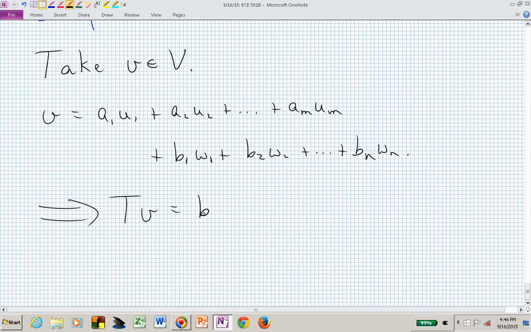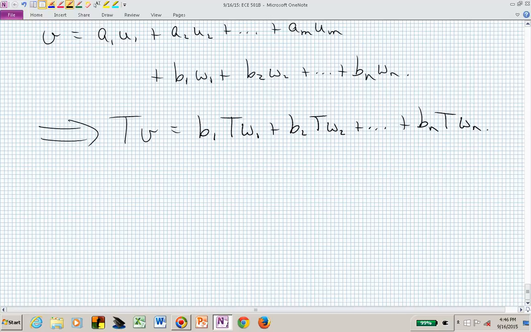I now have a B1 TW1 plus a B2 TW2, etc., plus a B sub n T W sub n. And if you look at this tonight, maybe you've forgotten where that came from, but hopefully not.